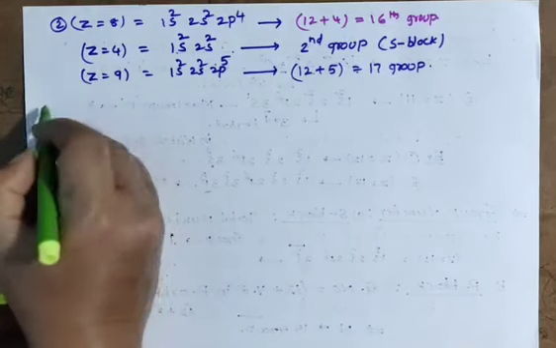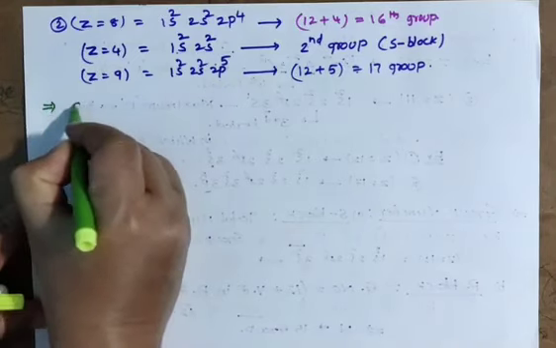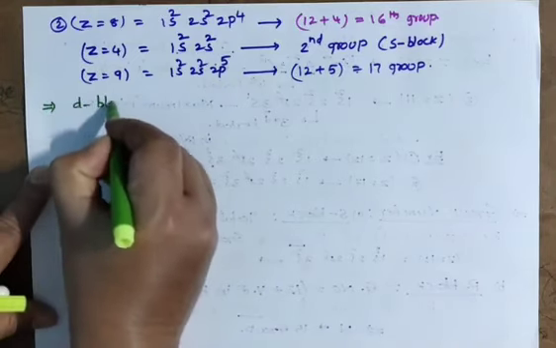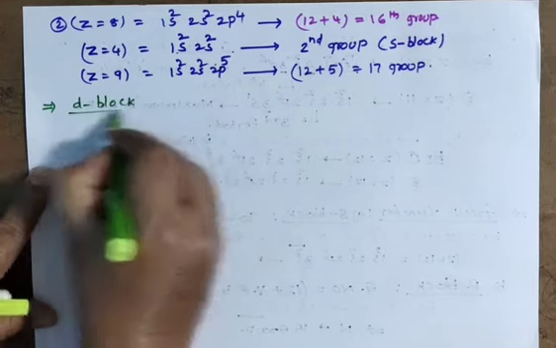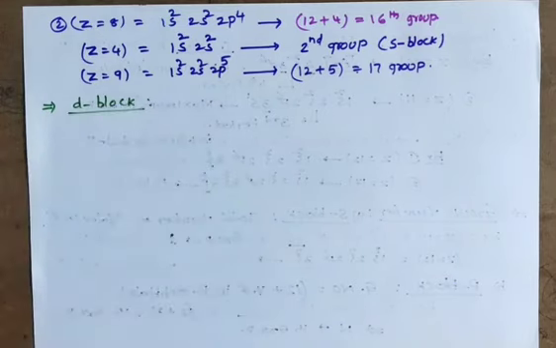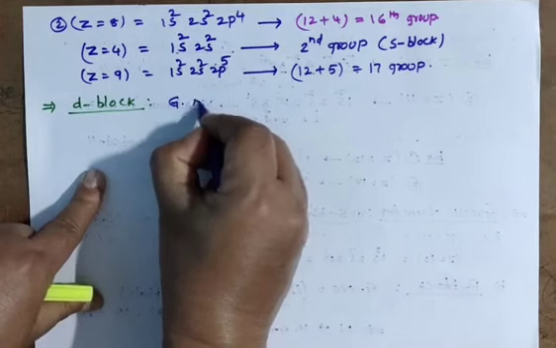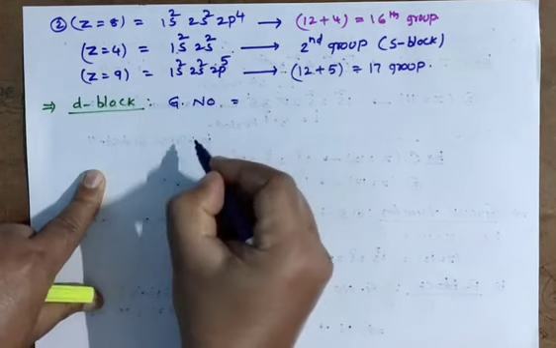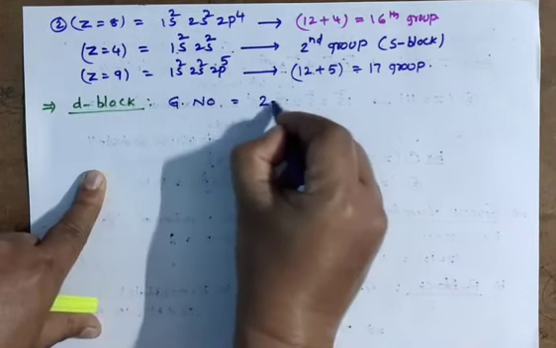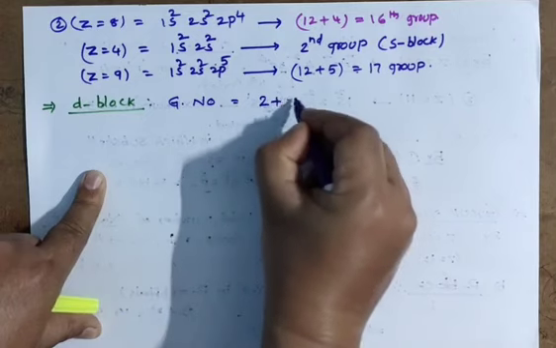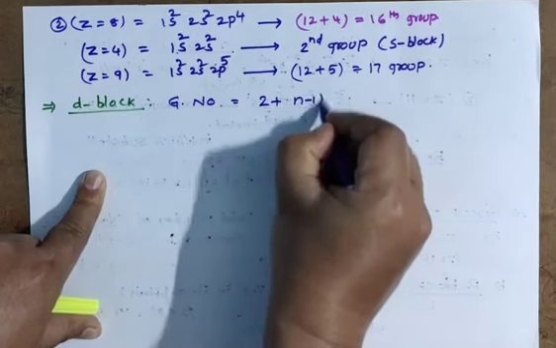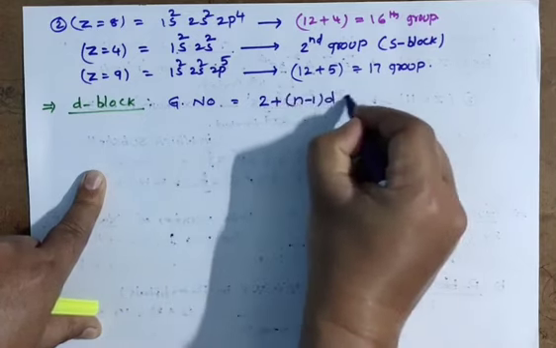Go here, I am giving for D block. For D block elements, how to predict group number? Very simple. Group number equal to 2 plus (n minus 1) D electrons.